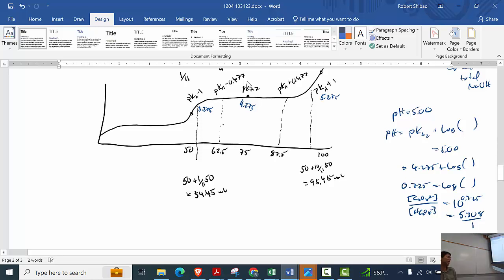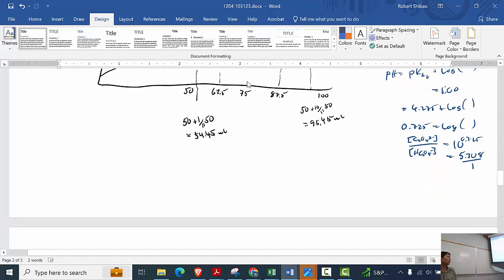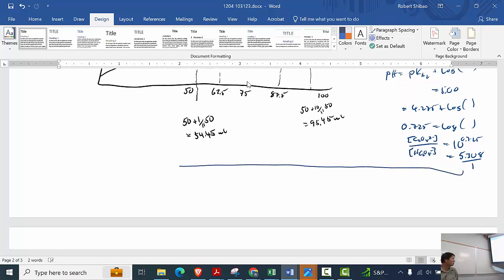Now that I have the base to acid ratio, I'm going to go from the base to acid ratio to get the equivalence point next. To get the equivalence point, I have to sum up the parts. So 5.308 plus 1 equals 6.308 total parts.